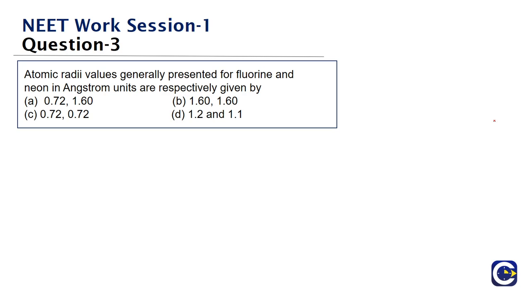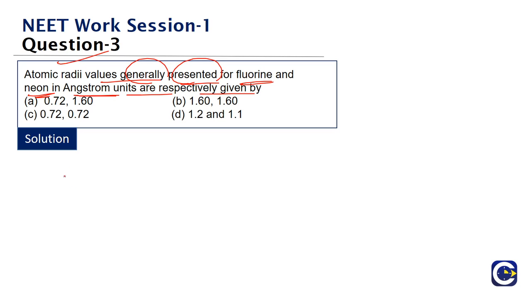Okay, so next look at this. This is another tricky question. Atomic radii values generally presented for, this is important, atomic radii values generally presented for fluorine and neon in angstrom units respectively will be. So when we talk about the atomic radius, fluorine and neon belong to the same period.